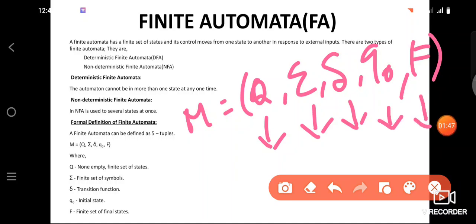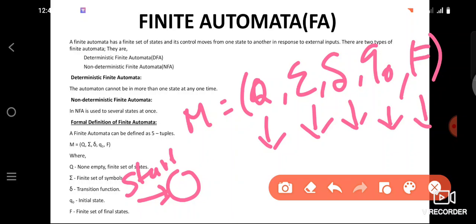All finite automata, DFA and NFA, have a single initial state represented by an arrow mark. Above the arrow mark you write start, which means starting state. Your automata may have more than one accepting state. An accepting state is represented by a double circle. Clear? So your finite automata has 5 tuples.